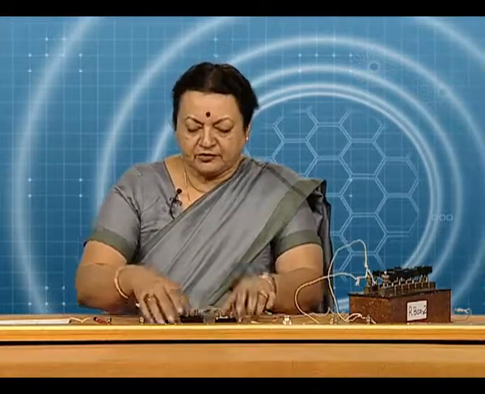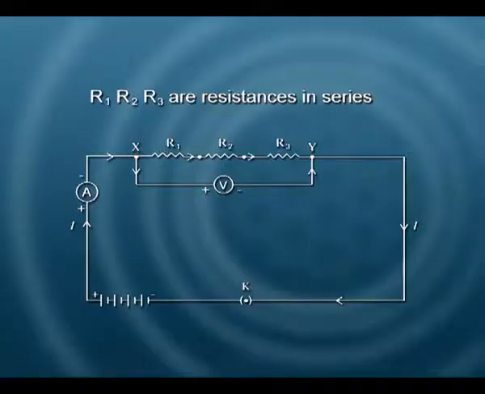Some of the common circuits that we use in the lab are series circuits, in which, supposing we have 3 resistances here, this is our circuit. The current flows to R1, then it goes on to R2 and R3.